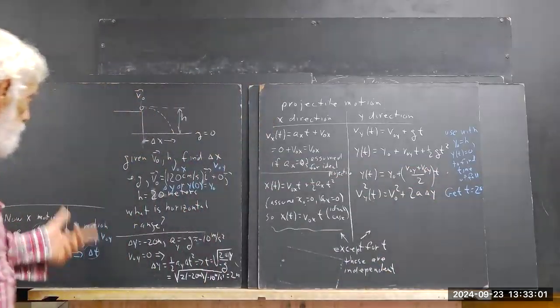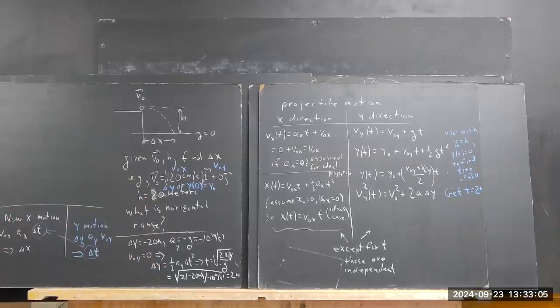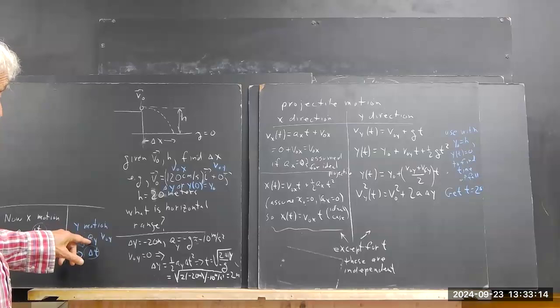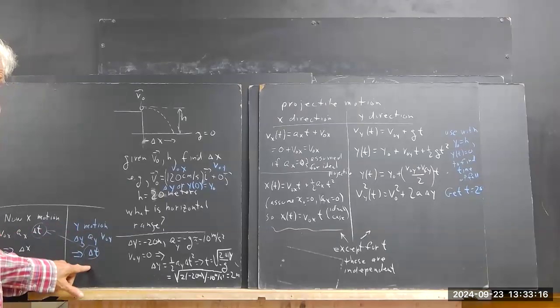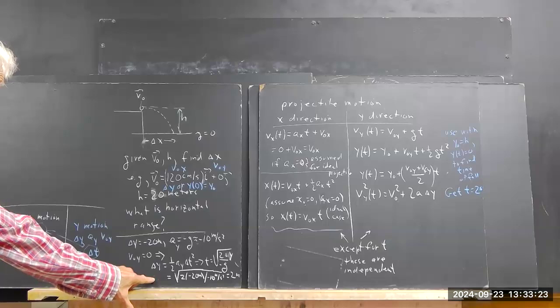Now, if you just reason it out with the scheme I talked about in class on Wednesday, you've got your 5 variables for the y direction. You know delta y, you know a y, you know v naught y, you get delta t. Right there it is. And you've got to use an equation of motion.